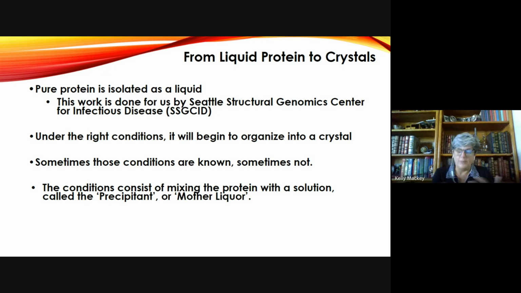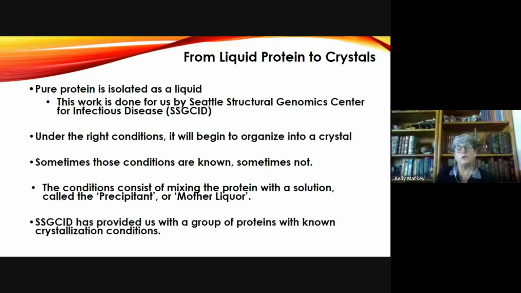Ours are, but they can be other ones. But then there's also this solution called a precipitant or a mother liquor that is mixed with the protein and used to help coax that protein into forming that crystal structure that we want. And there is an unlimited number of different precipitants and mother liquors that can be used.